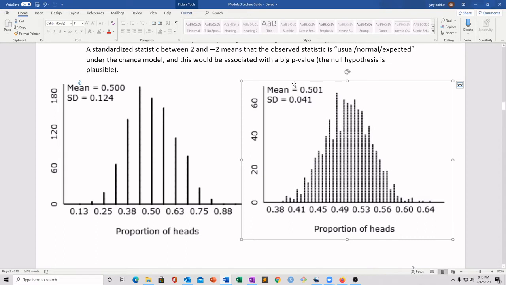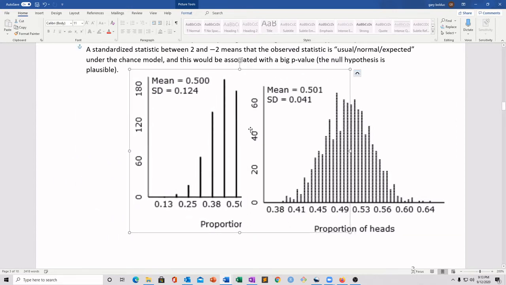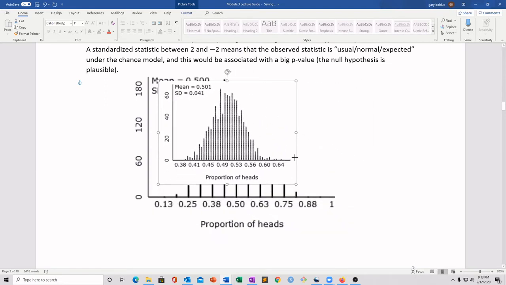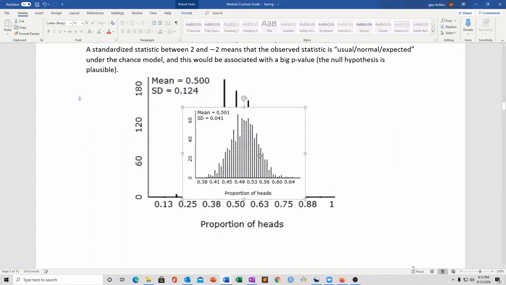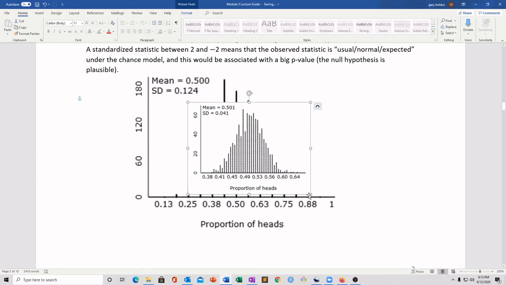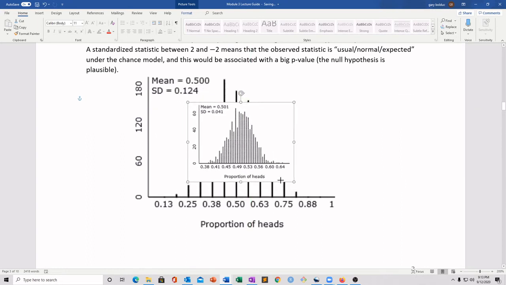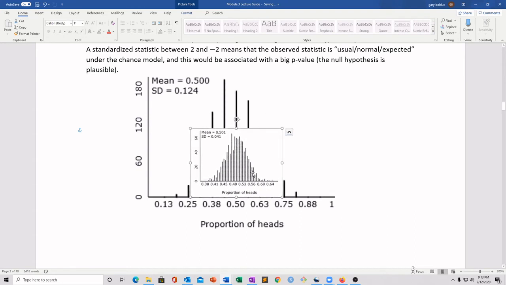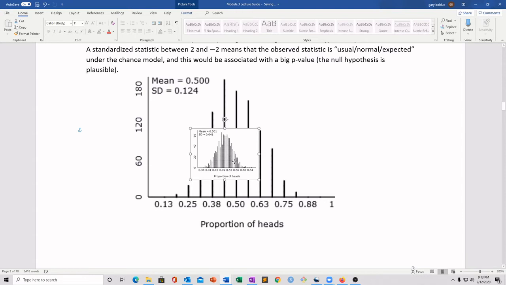But I don't really know. It seems like they're the same in this picture. Well, that's because I was being a little tricky with this picture. Pay attention to these values here. 0.38 to 0.64. Let's fit that into our picture here. 0.38 to 0.64. Have to go even smaller.